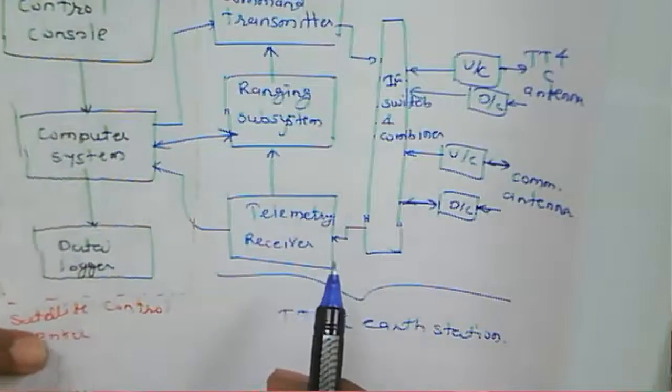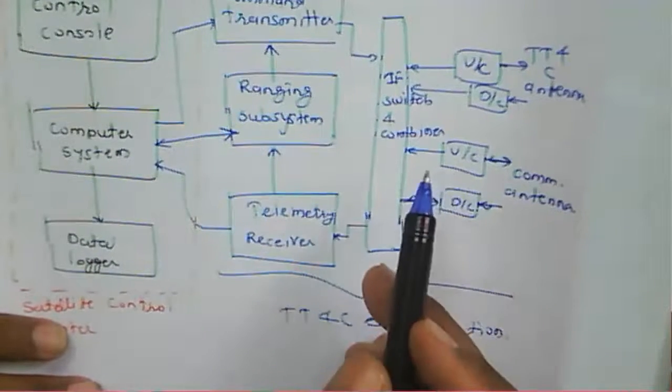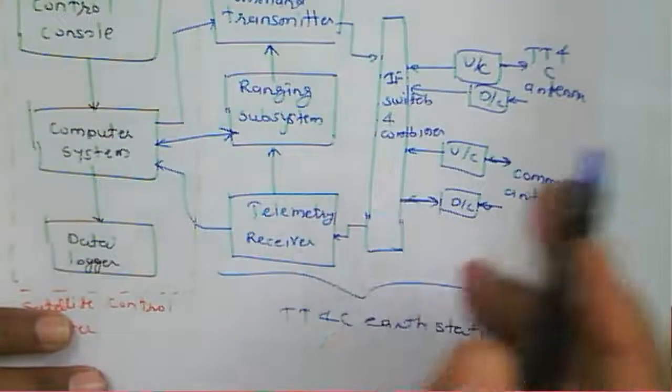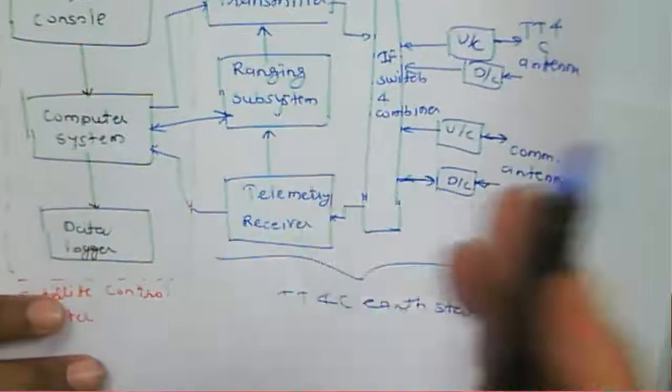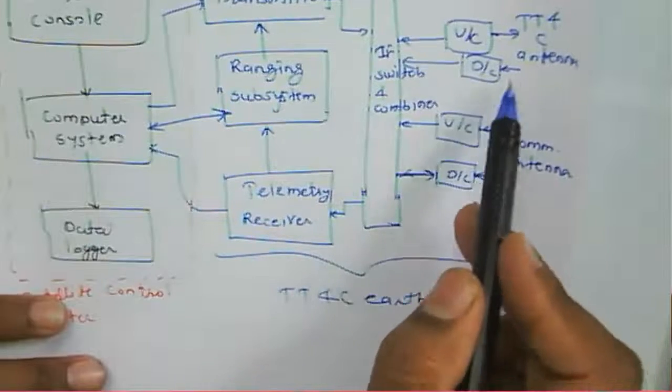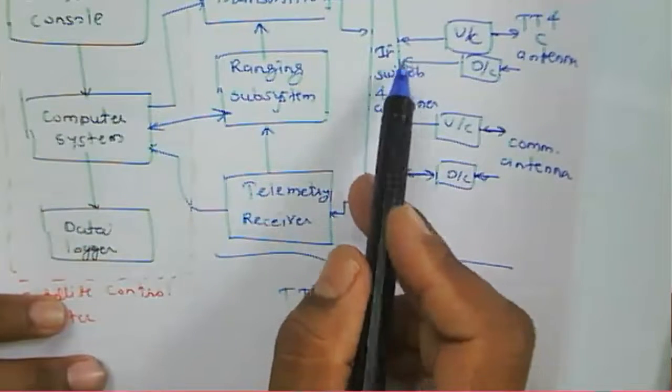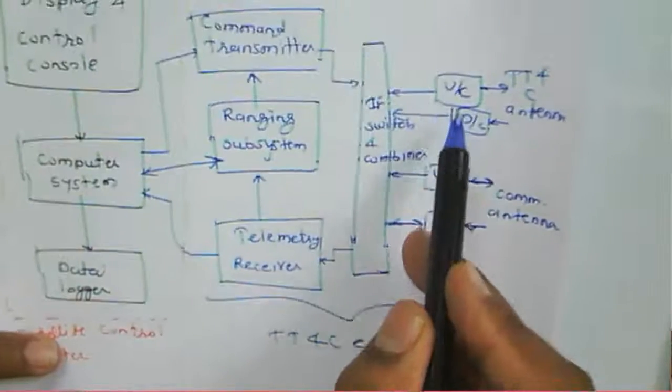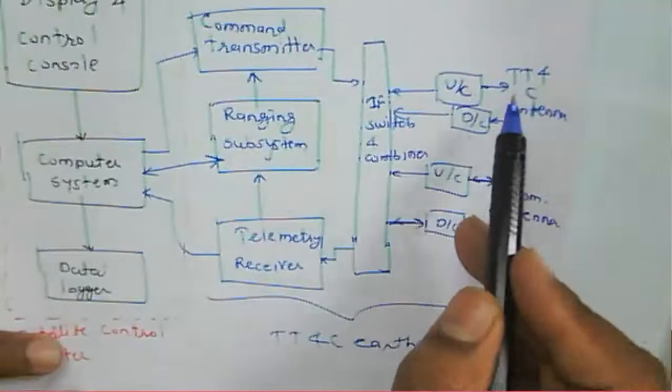So we have a telemetry receive signal or a telemetry transmitting signal. In both cases, the received signal is down converted or the telemetry transmitting signal is up converted.